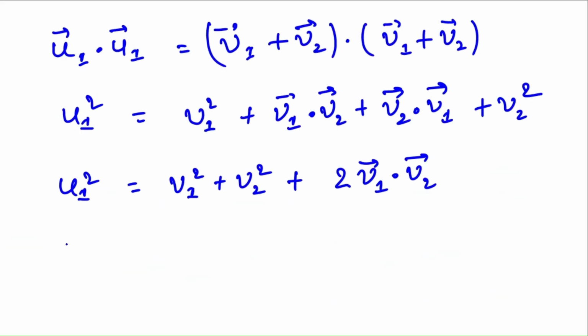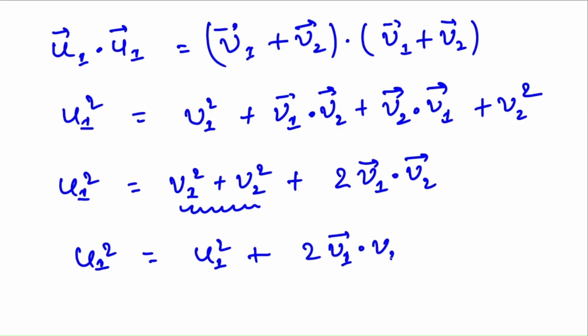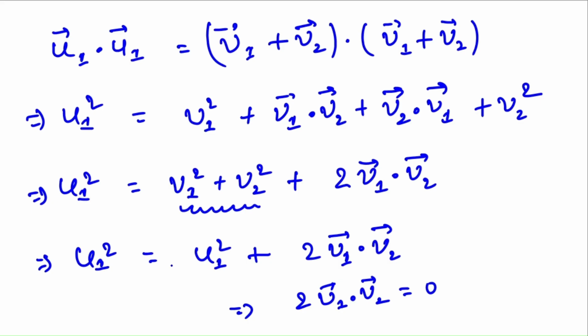It means instead of v1 square plus v2 square, we can write u1 square equals u1 square plus 2 v1 dot v2. And then we will have 2 v1 dot v2 equals 0, because these two things are the same, so we can subtract u1 square from both sides and then we will get this.